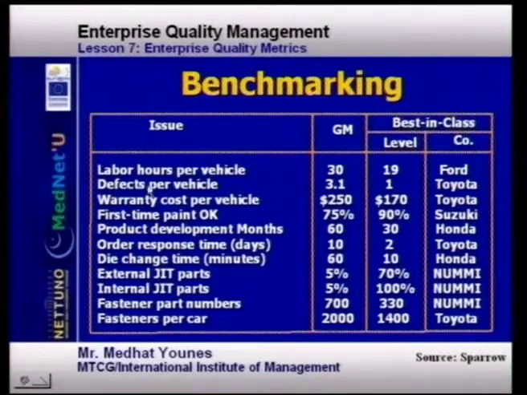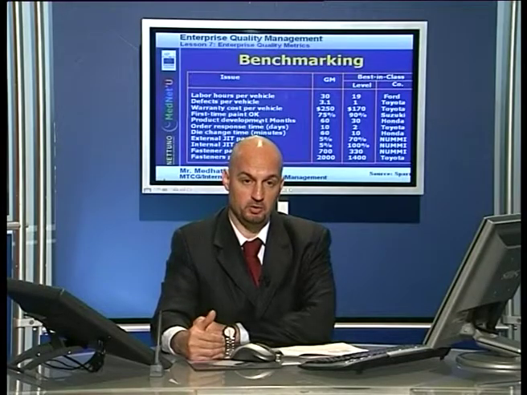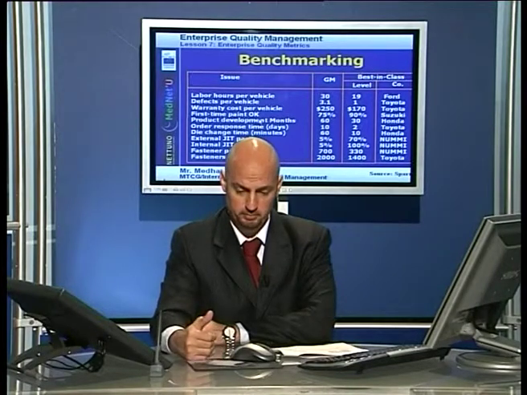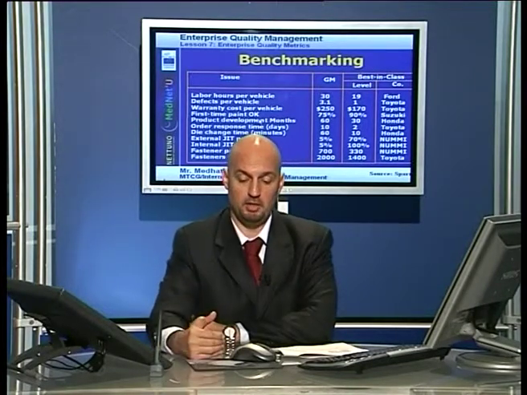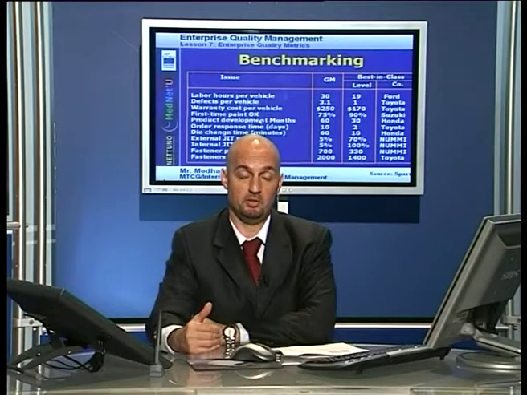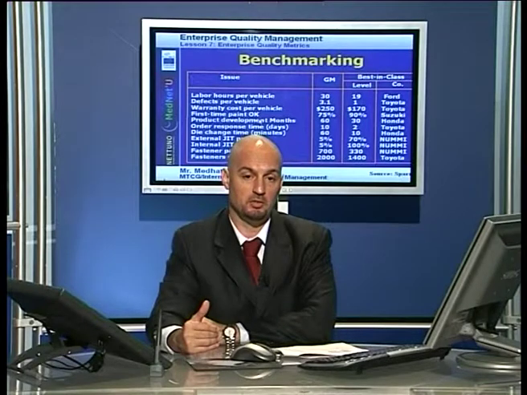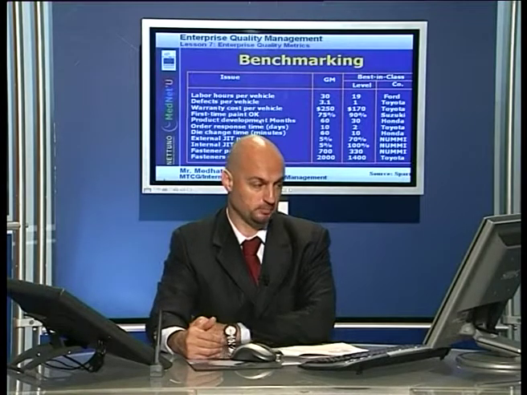The number of defects per vehicle is 3.1 for General Motors, while for best in class it's 1 defect, and the leader in that category is Toyota. And so on. You can benchmark your quality performance on all the aspects of your products, your services, systems, processes, and so on.